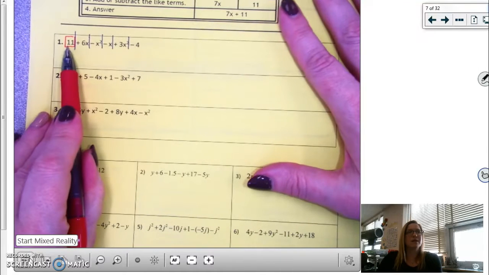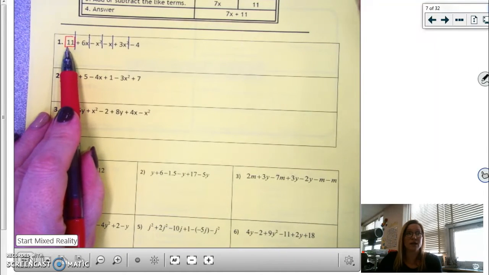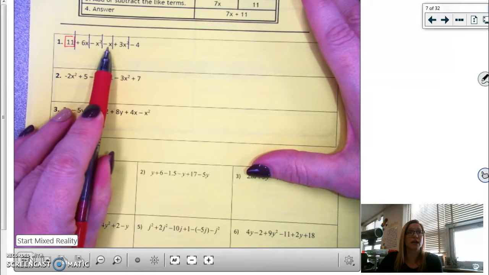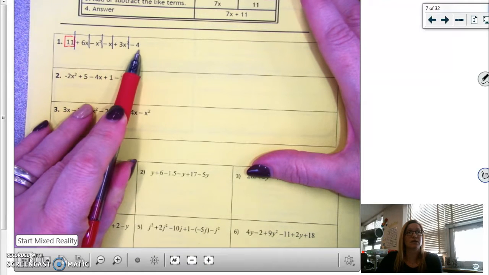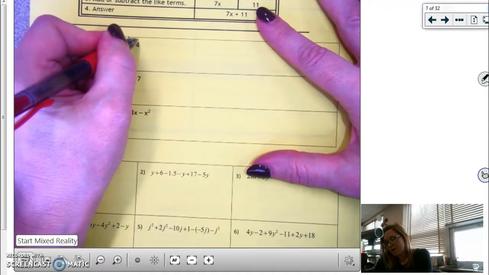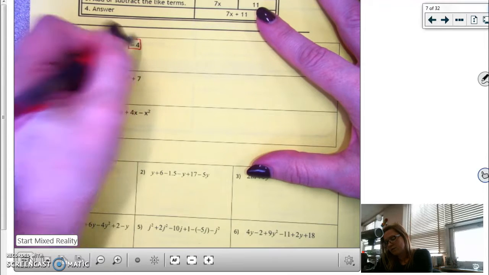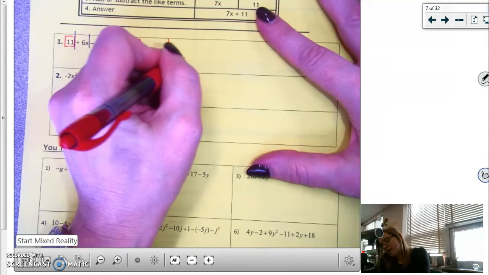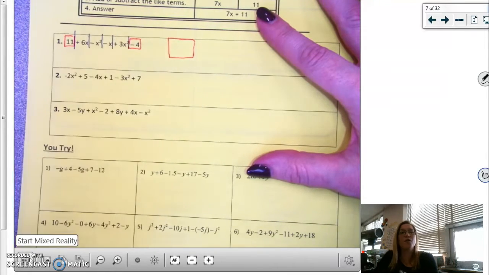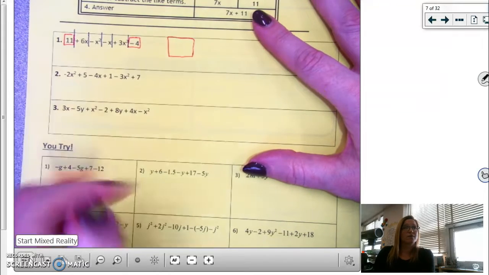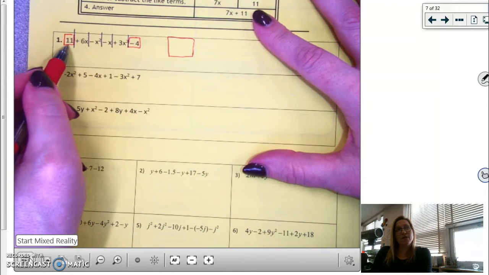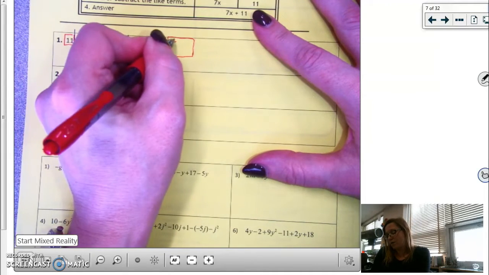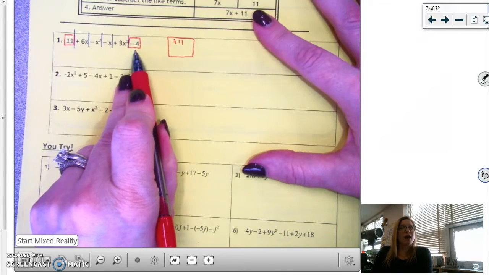So the first one is the 11. 11 is a constant. Are there any other constants? Looking at each term, any other constants? There's a constant right there. Put a box around it. And then over here, we're going to make a little box also. We're going to put all the like terms in a box together. So I'm going to put this 11, which is actually positive, and then I have a negative 4.